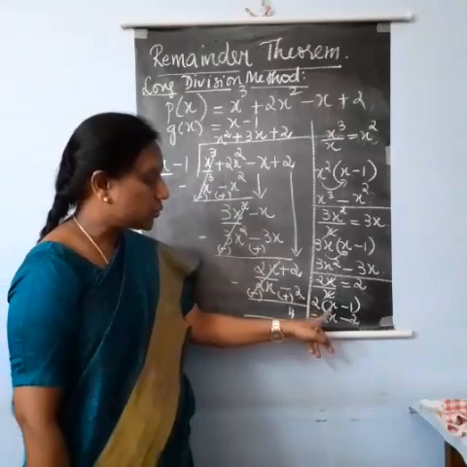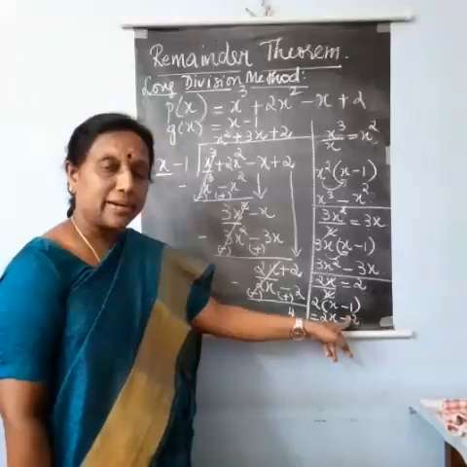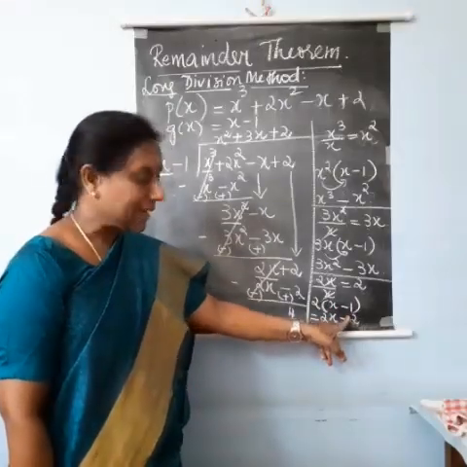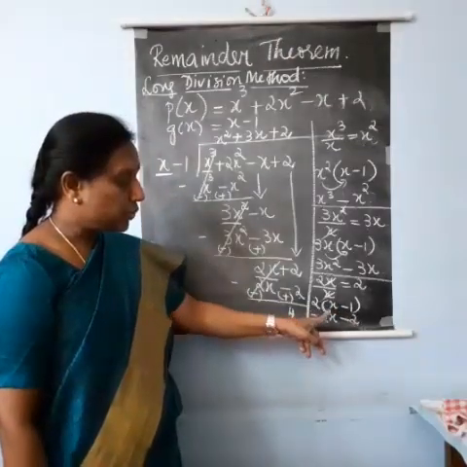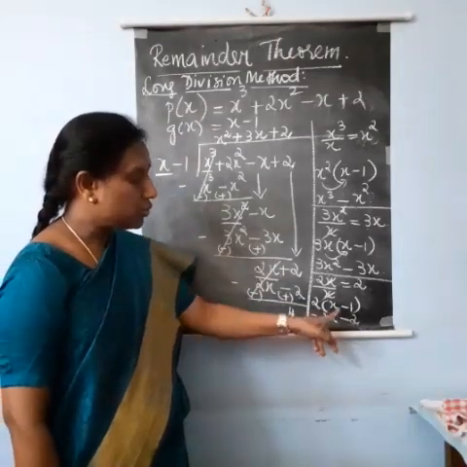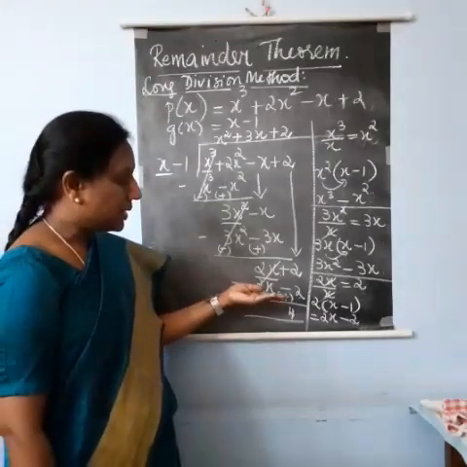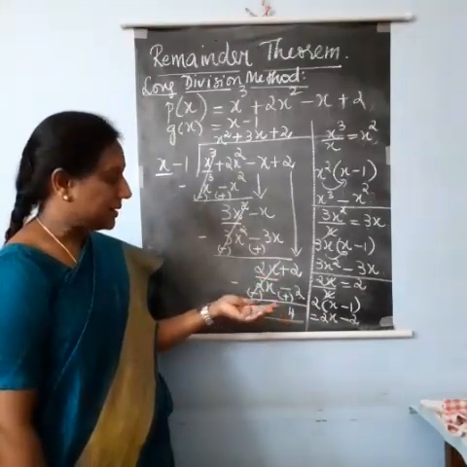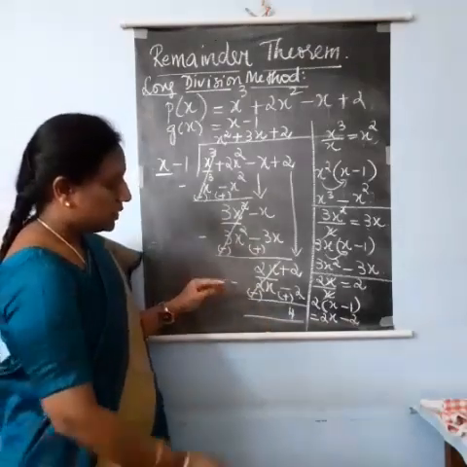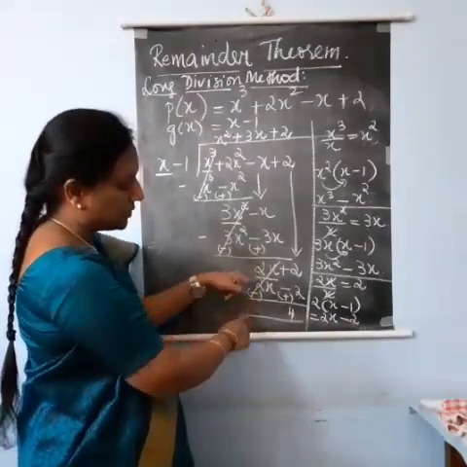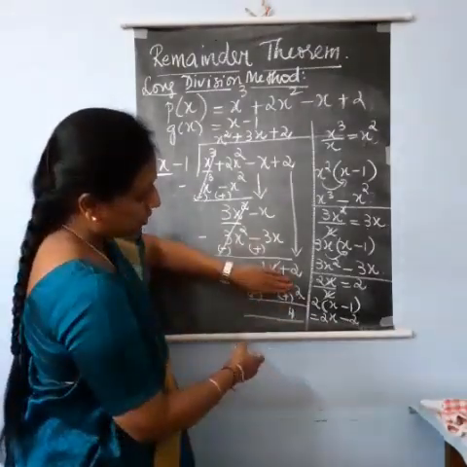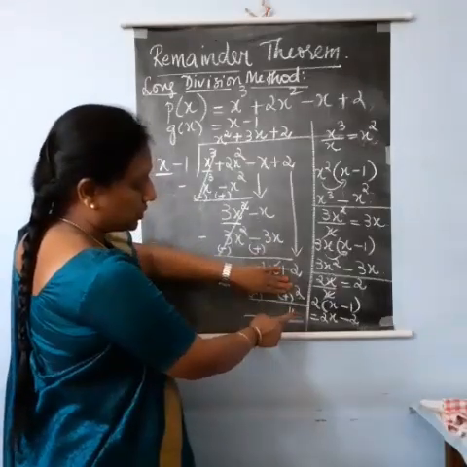So you will get 2 into x minus 1. Now use the distributive property and expand the bracket. So 2 into x will be 2x and 2 into minus 1 will be minus 2. Now write it below the corresponding terms and subtract. When you subtract, 2x and minus 2x will cancel out and the new sign is 2. So 2 plus 2 is 4.